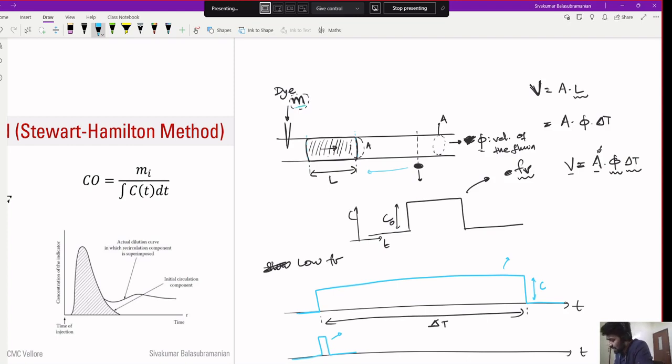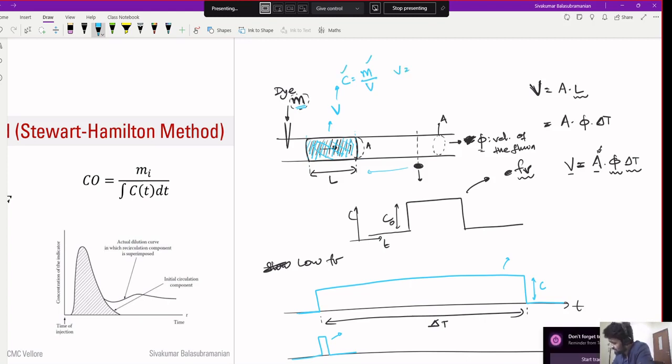Okay. See, this mass that was introduced is assumed to be well mixed in this region, right? And the volume of this region is V. That means what is the concentration of the dye in this volume? Mass of the dye by volume. If we know the mass that was introduced, we can measure the concentration from the detector.